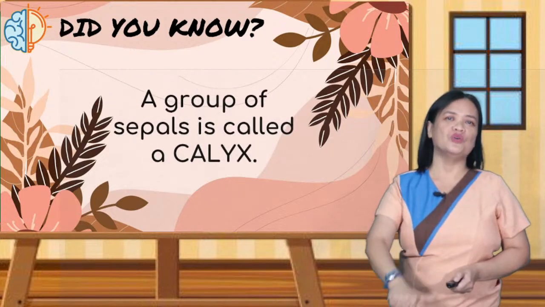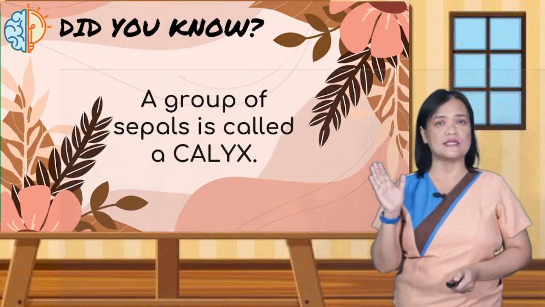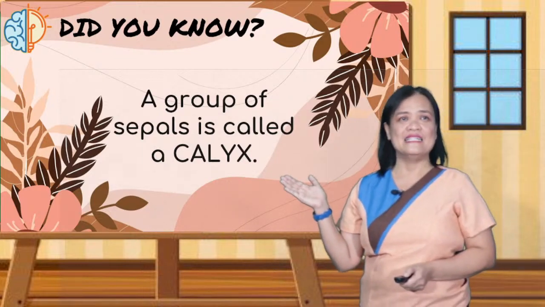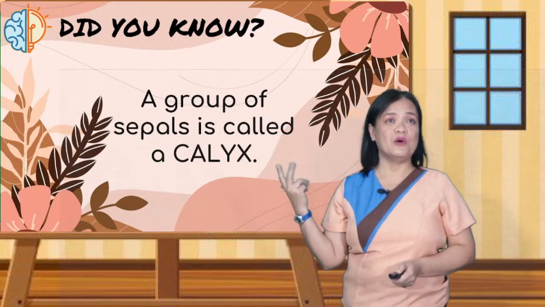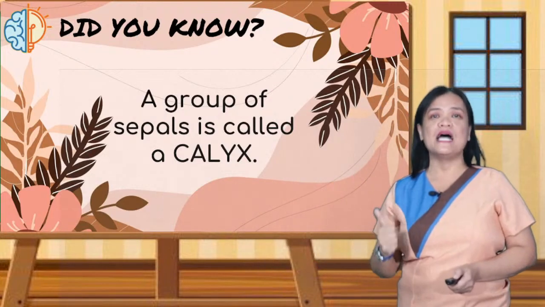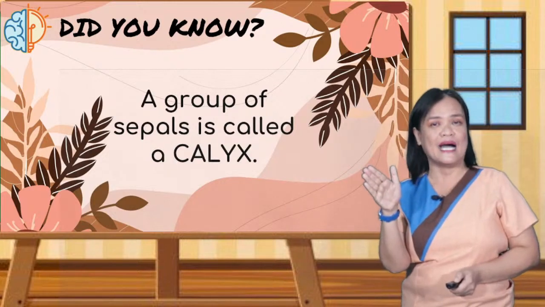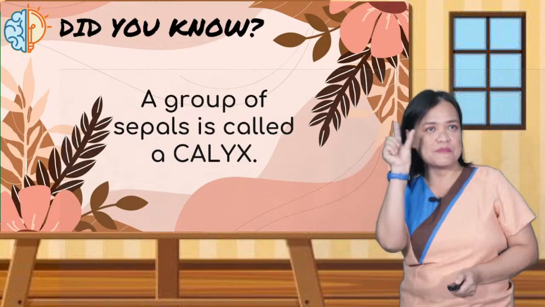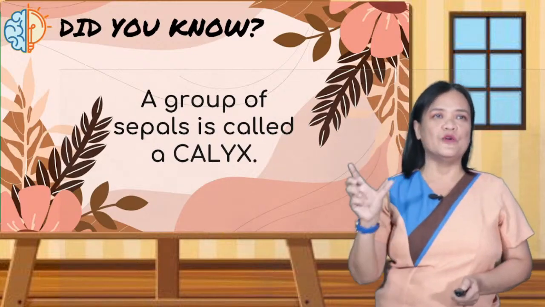Did you know a group of sepals is called a calyx? Earlier, a group of petals is called corolla. Now a group of sepals is called calyx. Both start with C: corolla, calyx.